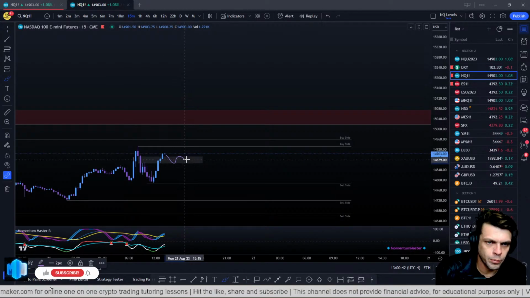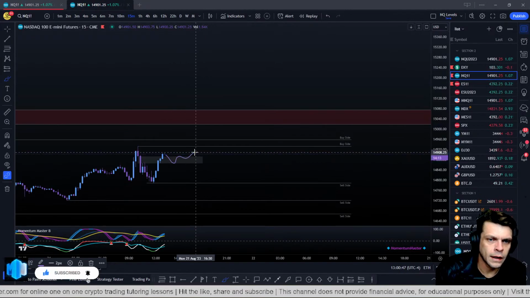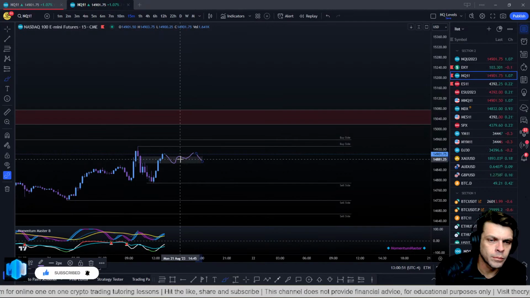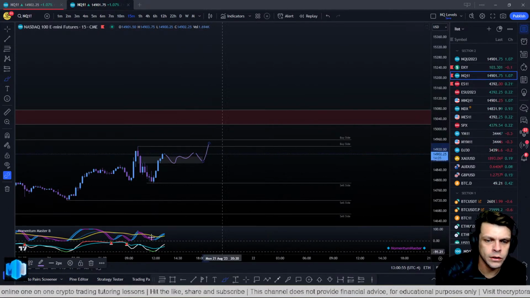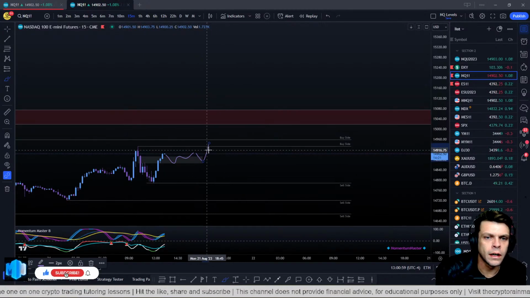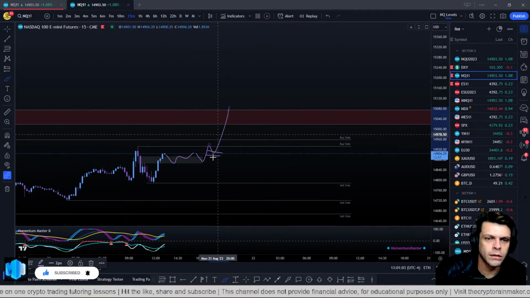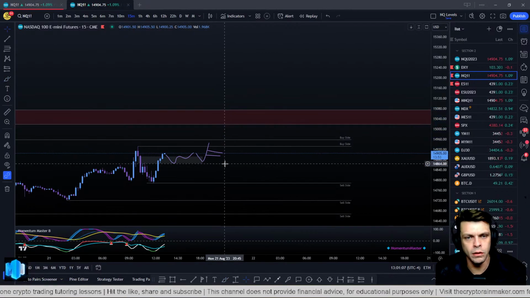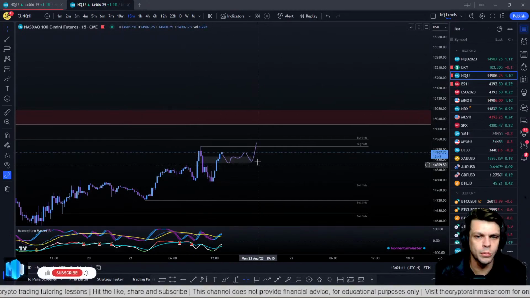It will print a short-term low, and then it will just quickly dip below that low to grab some local stops right here, and then it will displace. And then that's exactly the same setup that we discussed on the checklist. Then if it prints that fair value gap and it retraces into that area, then you can go long. And then you can use those fib levels to guide you towards the opposing liquidity pools.